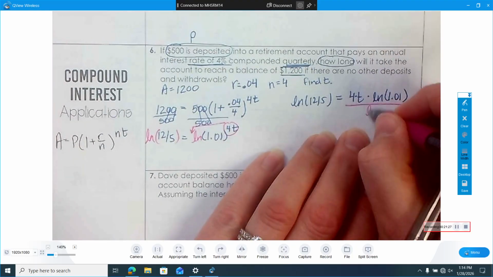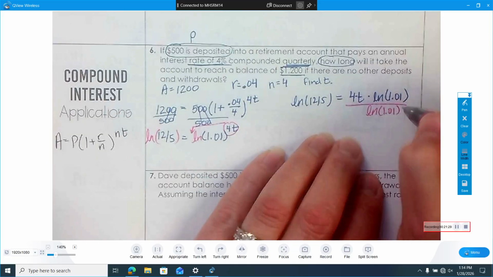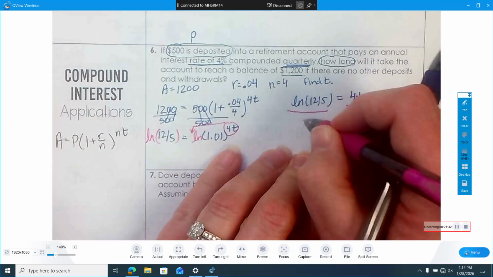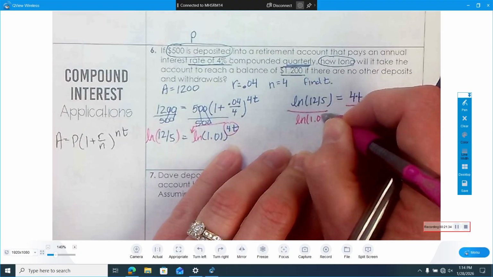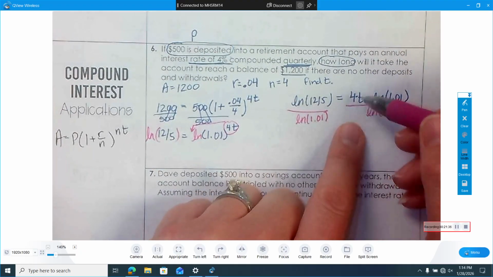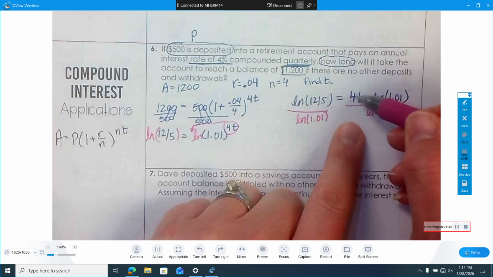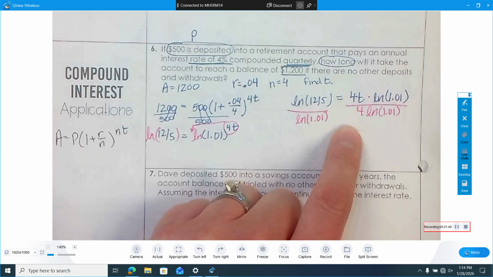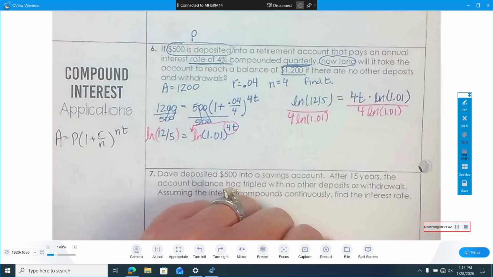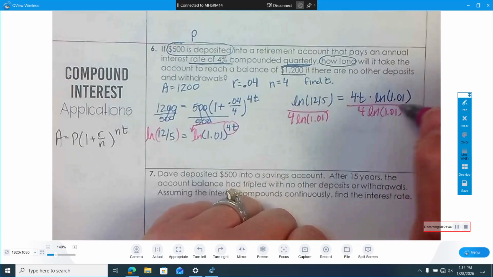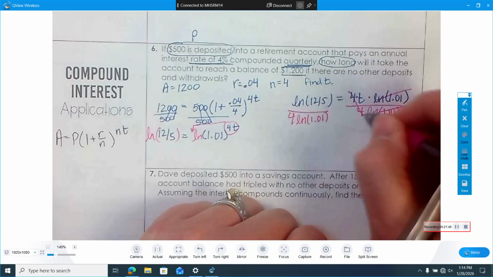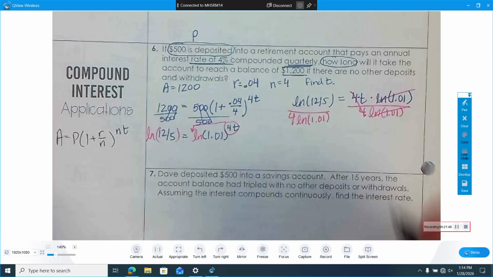Okay, that's one thing. We can divide by the natural log of 1.01. Do we times by 4? Yeah, right now it's multiplying with the t, so we want to get rid of it. Also, we're going to divide it. So that's going to go on the bottom as well. So those cross out, and the 4's cross out, and t is alone.